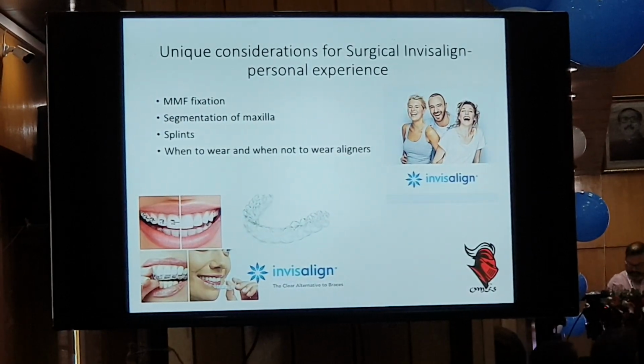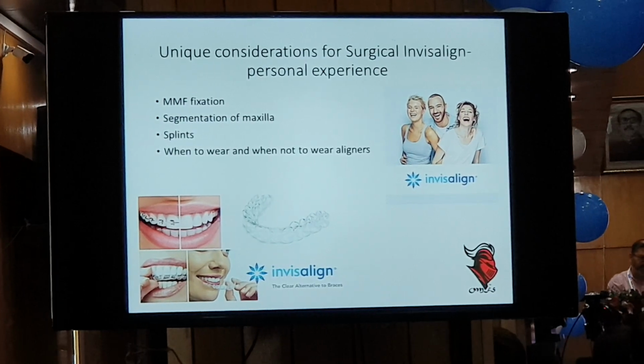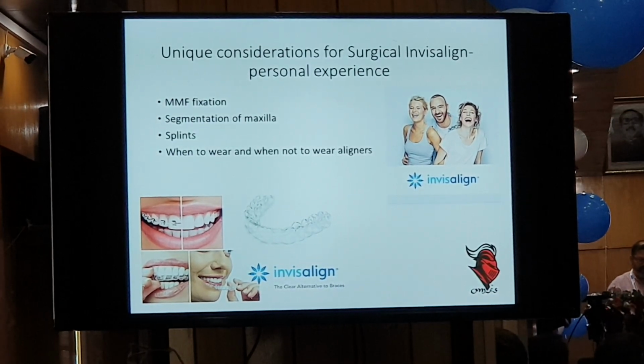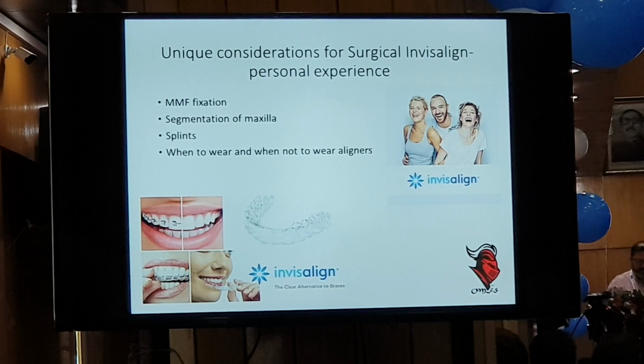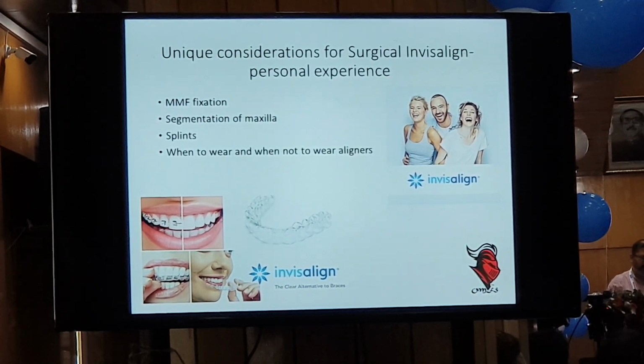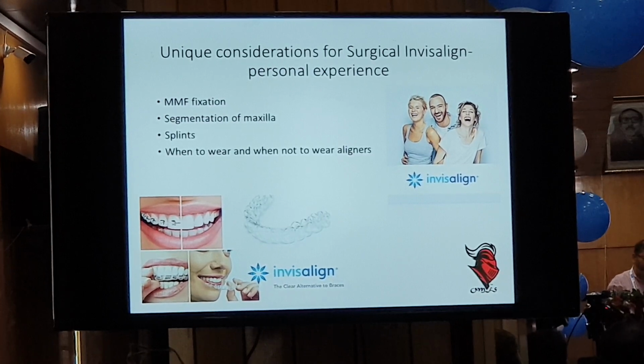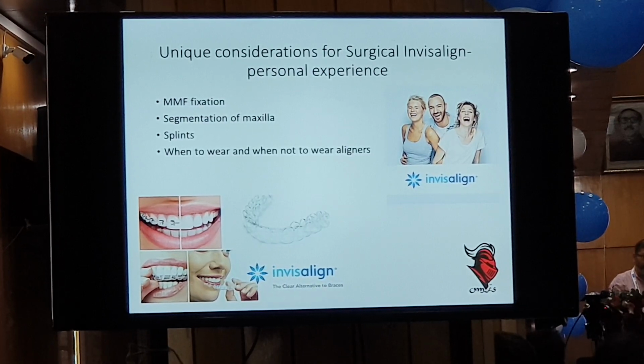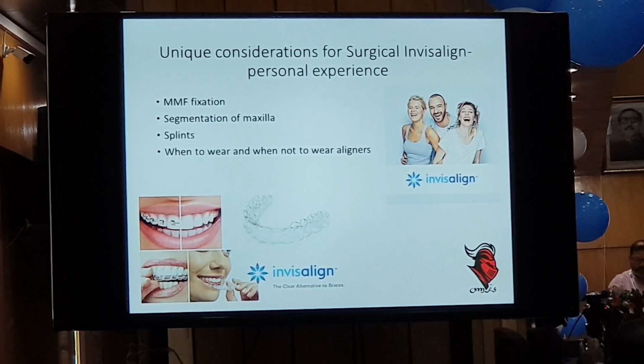So some of the things that I've found with doing orthognathic surgery on an Invisalign patient is, one, you don't necessarily have ideal options for maxillomandibular fixation that you may require to stabilize and reposition your upper and lower jaw.